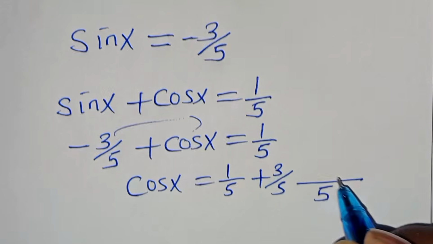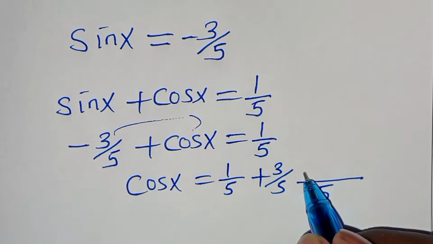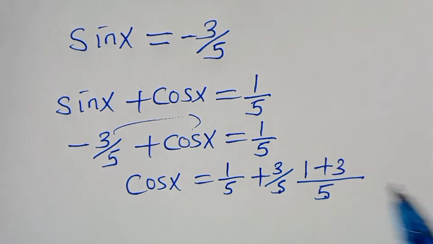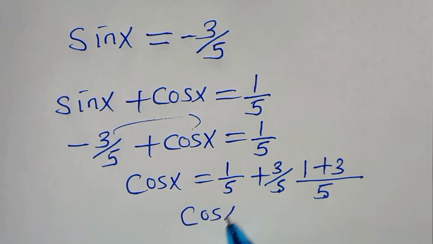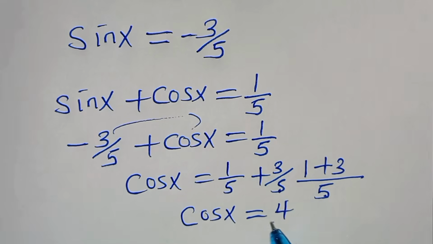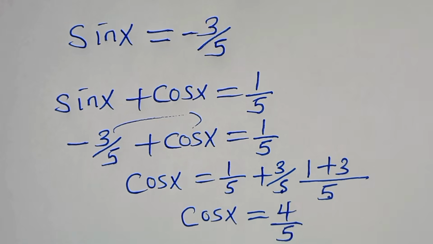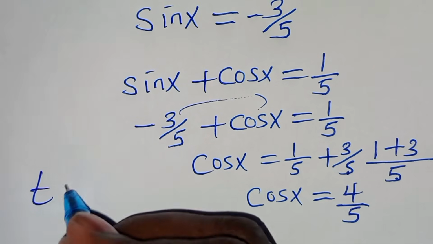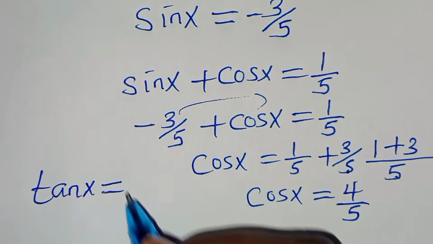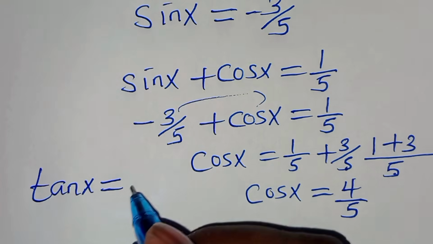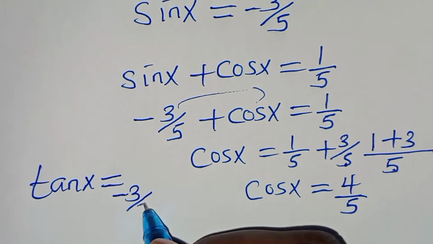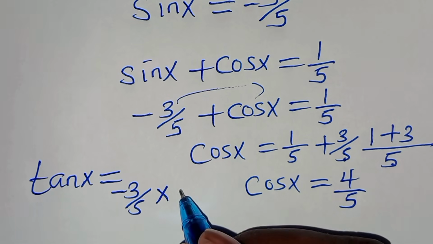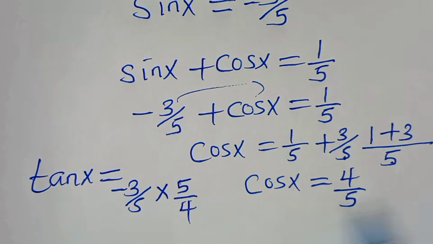The LCM here is 5. 5 divided by 5 is 1 times 1, this is 1, plus 5 divided by 5 is 1 times 3, this is 3. So we have cos x equal to 4/5. Now let's solve for the second value of tan x. We have tan x equal to sine x, which is negative 3/5, multiplied by 1 over cos x, which is 5/4.